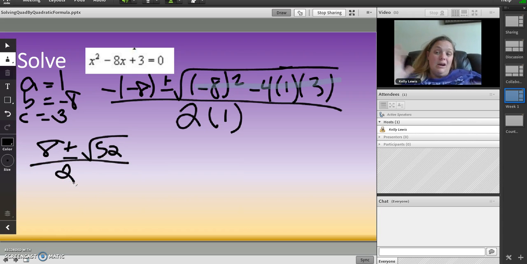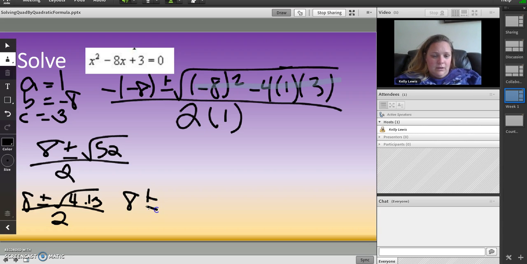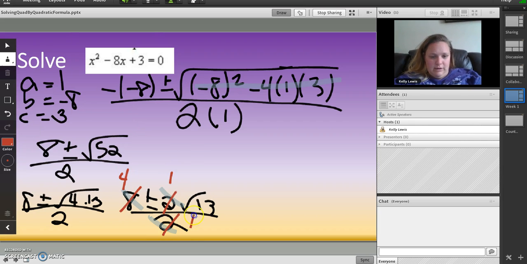All right, so 52 is not a perfect square, but 4 times 13 is 52, and the square root of 4 is 2. Notice that 8, 2, and 2 are all even numbers, and I can reduce each one of those guys. I can reduce that one by 2, this one by 2, and that one by 2.